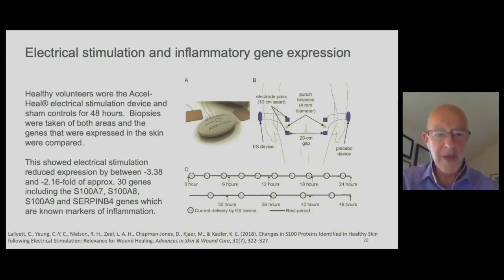And there were about 30 genes, which were the ones which showed major changes in gene expression, between 3.5 and 2.5 fold. And some of the genes were very notable because they're known markers of inflammation. So the S100, A7, A8, and A9, and the SERPIN-B4 genes are well-known markers of inflammation.